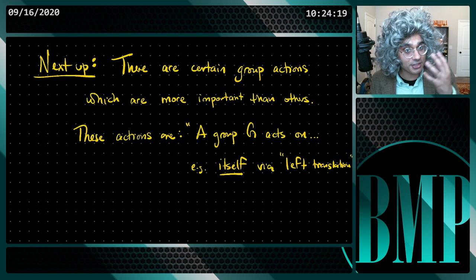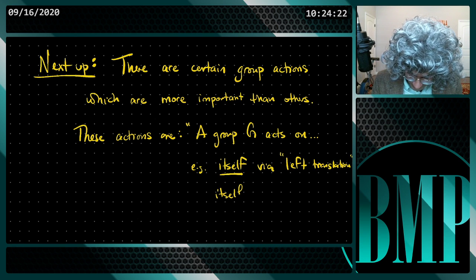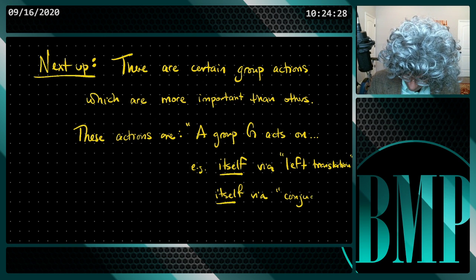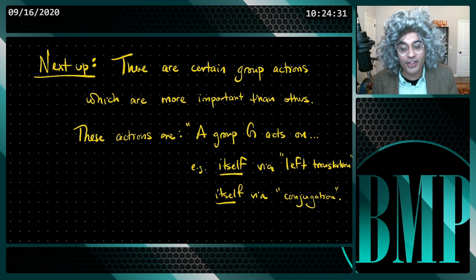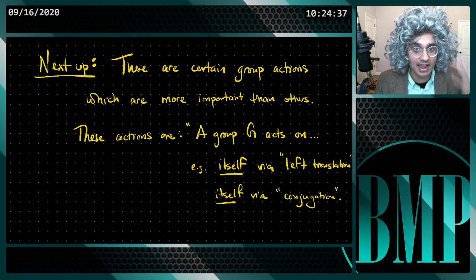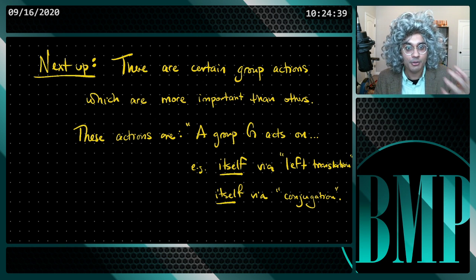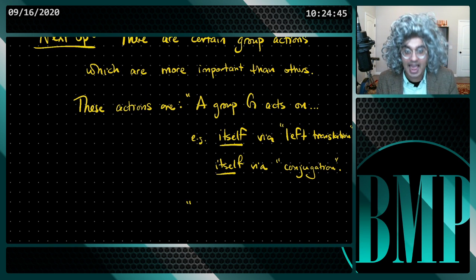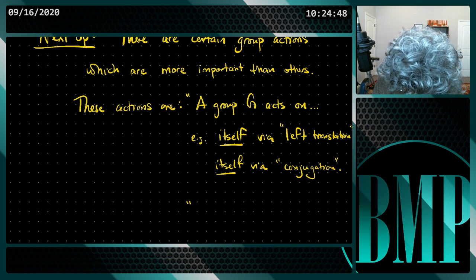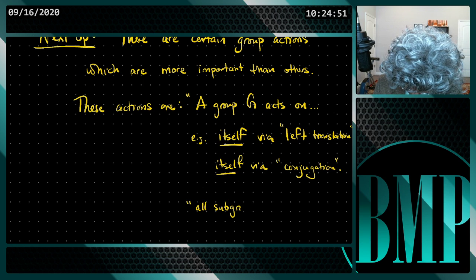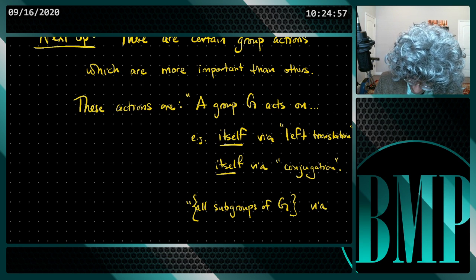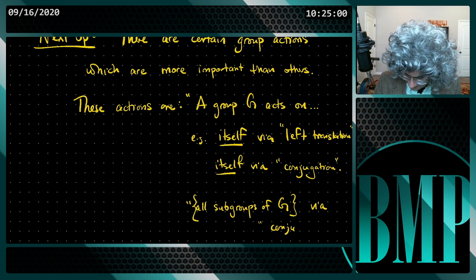There's another one that's commonly occurring: itself via something called conjugation. And this is one very important action of a group on itself that I will have to explain next class. But there's a lot more than this. For example, a group G acts on the set of all subgroups via the same conjugation action.